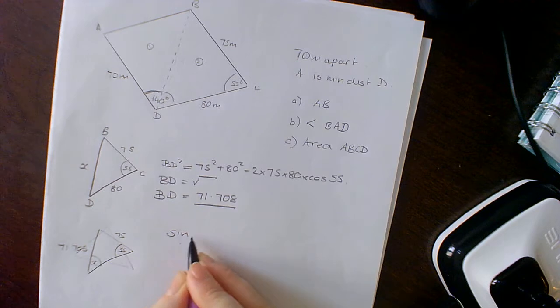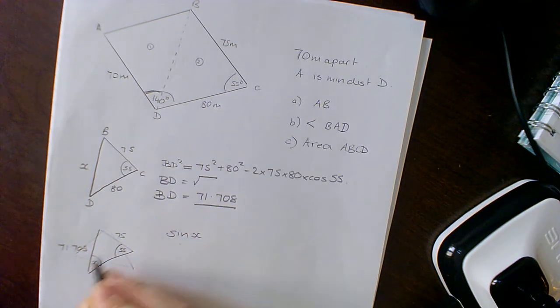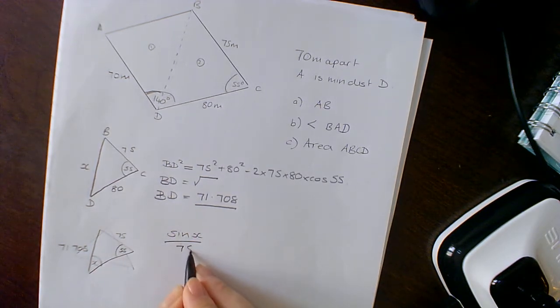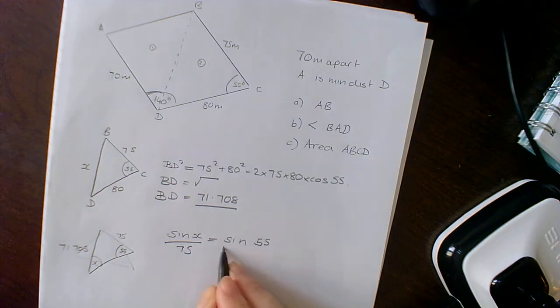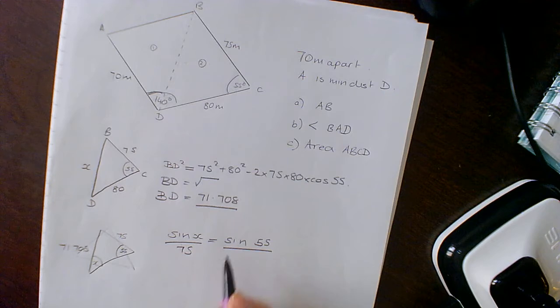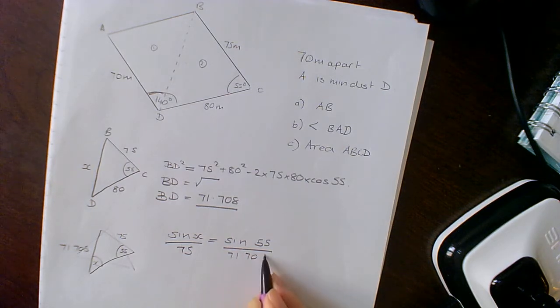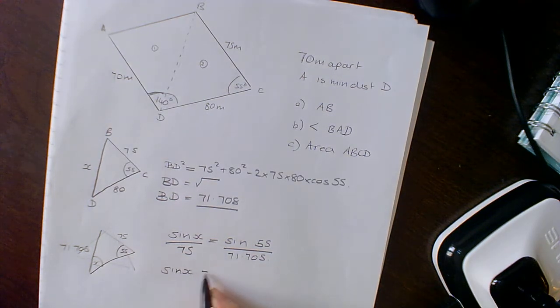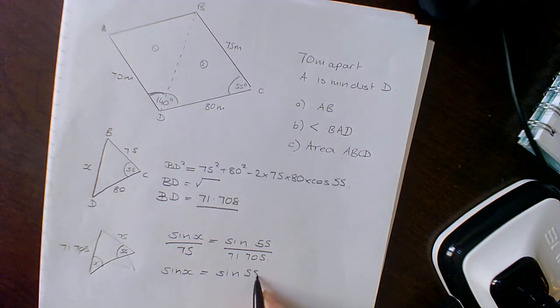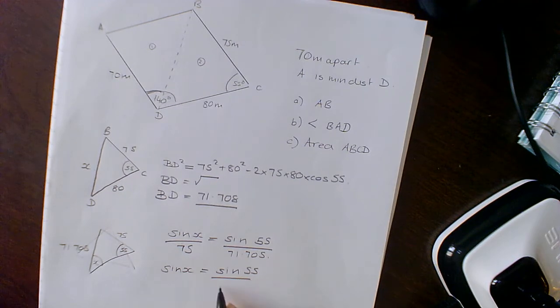So sine x over 75, those two go together, equals sine 55 over 71.708. So rearranging, sine x is sine 55 over 71.708.